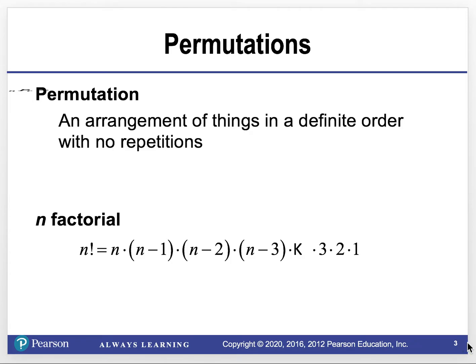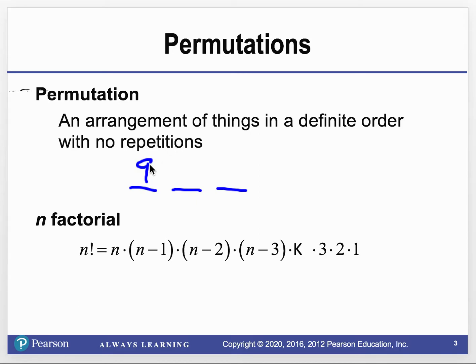Okay, what if I wanted to know how many lines we could form if just 3 of us were lining up? If I just want to know about a line that's 3 people long, there's only 3 blanks to fill in. There's still 9 of us that could get in this first spot. Any one of us could stand right here.